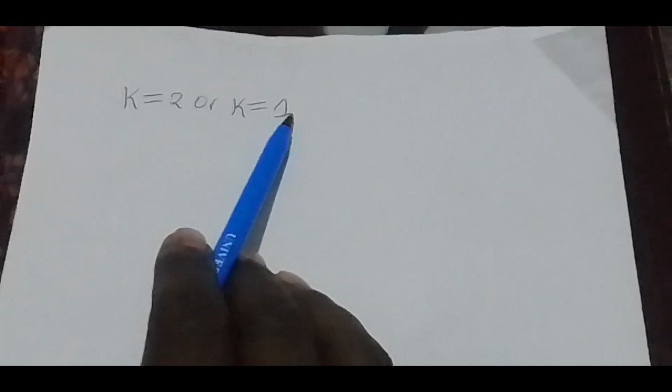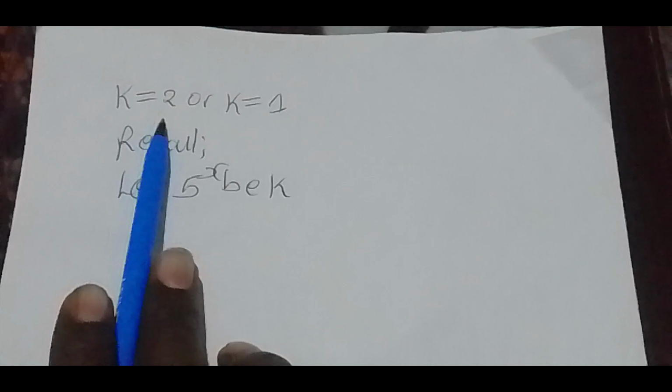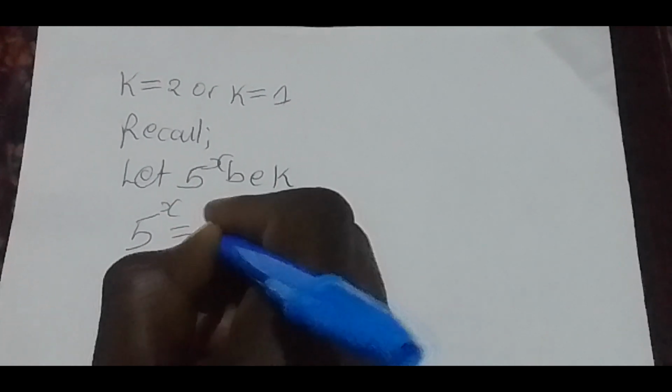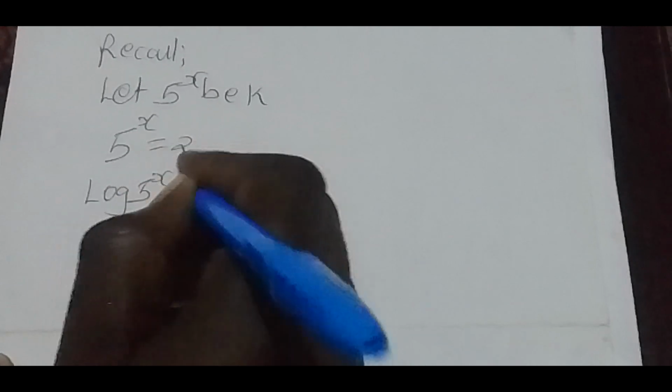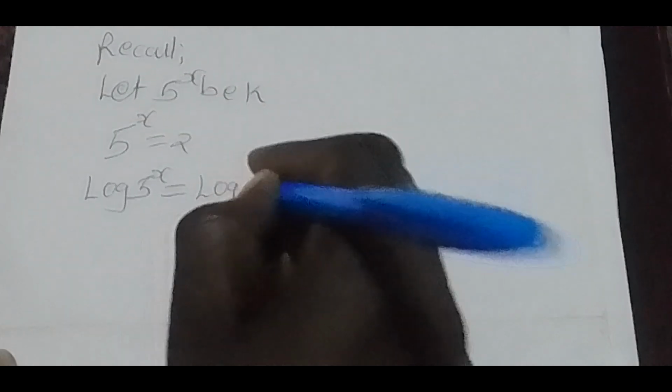So we're now given that the value of k is equal to 2 or k is equal to 1, and if you recall, we let 5 raised to the power x be k. So we substitute with these two possible values of k. The first value of k is 2, so we have 5 raised to power x is equal to 2. So for x we introduce the logarithm, so that we'll have log 5 raised to power x is equal to log 2.